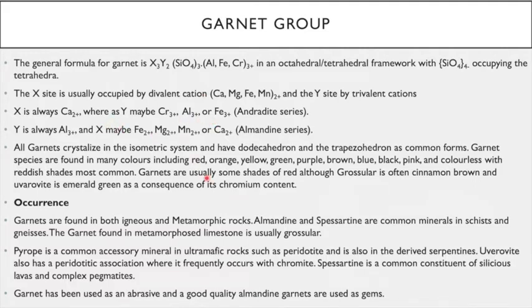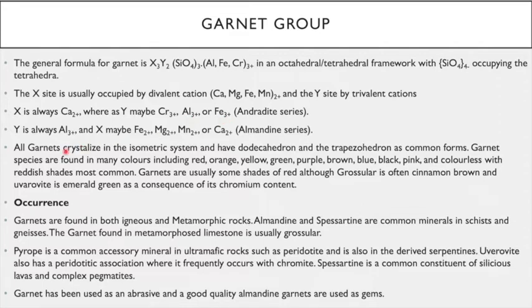Now let me explain this formula to you a little bit. The X site is usually occupied by divalent cations, which could be calcium, magnesium, iron and manganese, and the Y site by trivalent cations. So these are the divalent cations, and these are the trivalent cations.